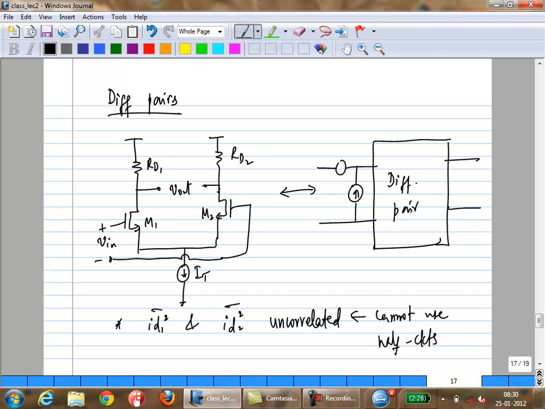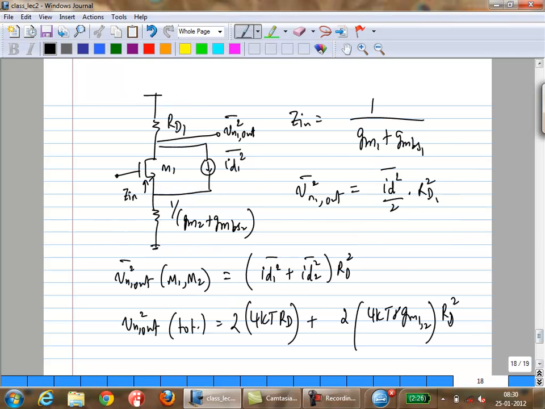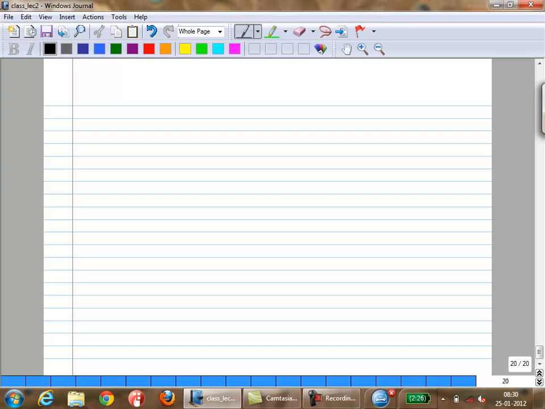Okay. So it appears as common mode noise at the output. If everything is balanced, in the sense, Vn is 0. Appears as common mode noise.